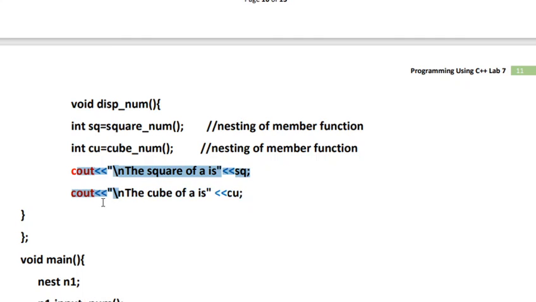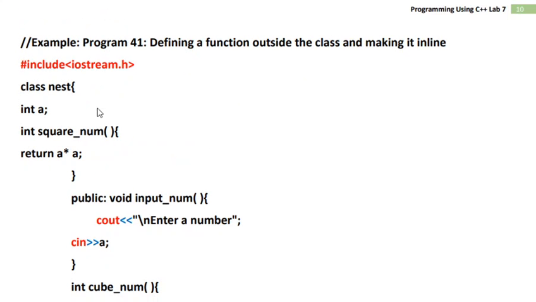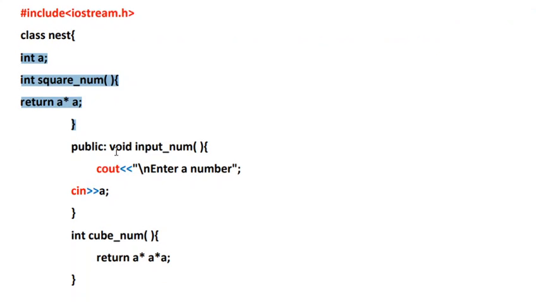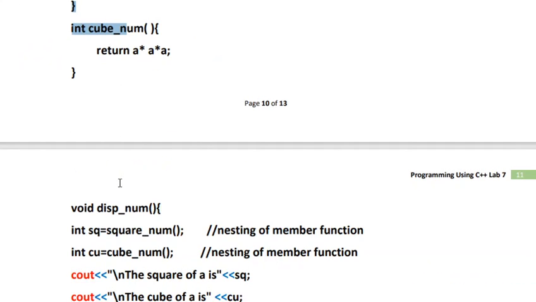So what I have done is nested member functions. Again, I'll repeat it: I have two private members, a and the function square num, and a set of public functions: input num, cube num, and display num.